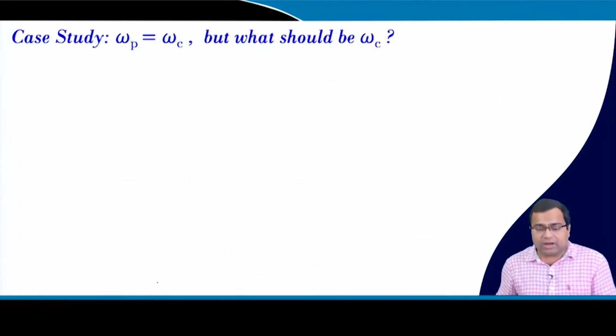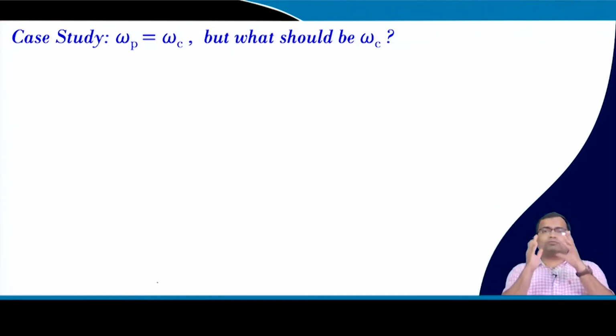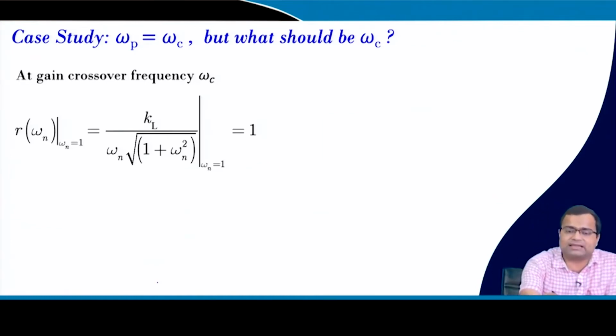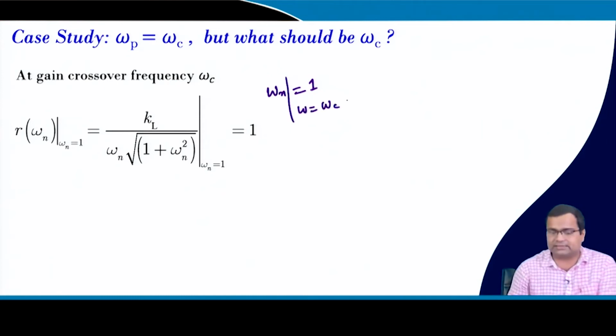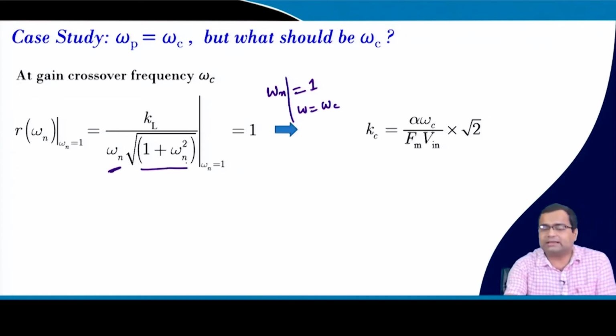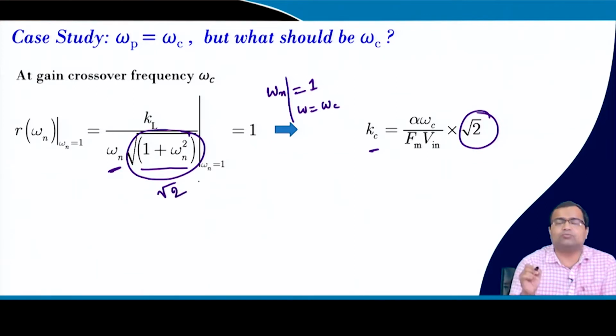Now, what happens if we set the controller pole at the crossover frequency? It can be found from this R, omega n equal to 1. Since we are setting omega p equal to omega c, omega n is equal to 1. So, we will get Kc as alpha omega c Fm into square root of 2, because of this term, the square root of 1 plus 1.